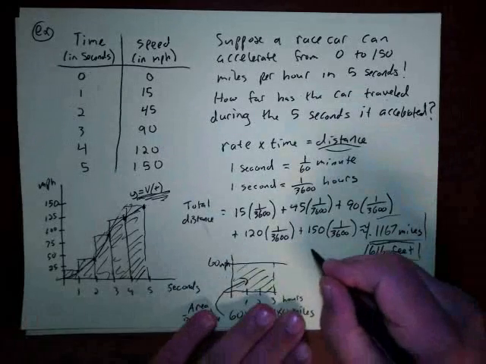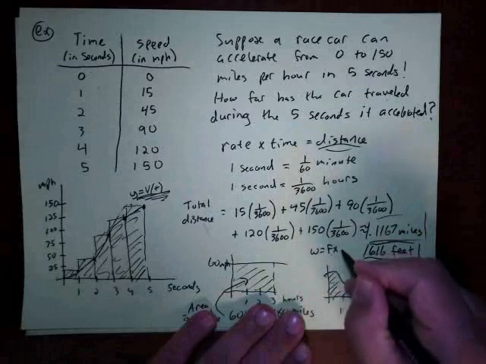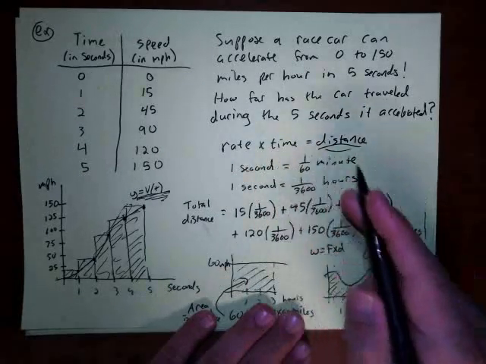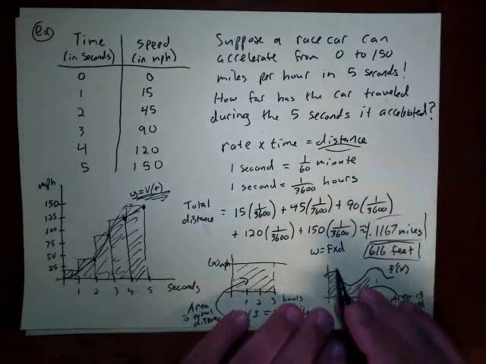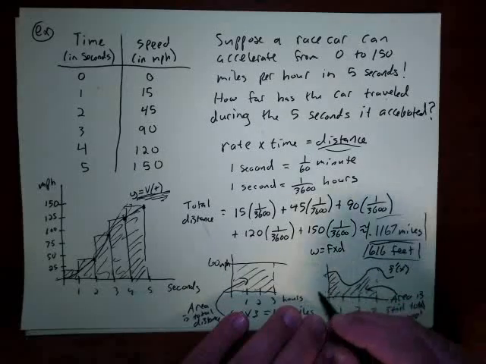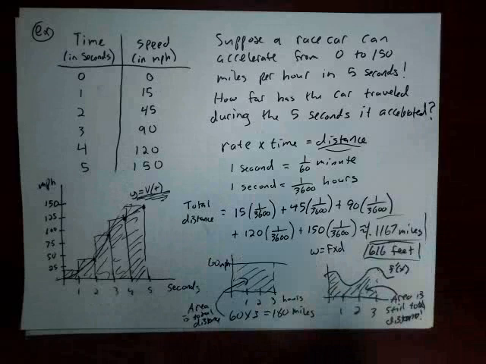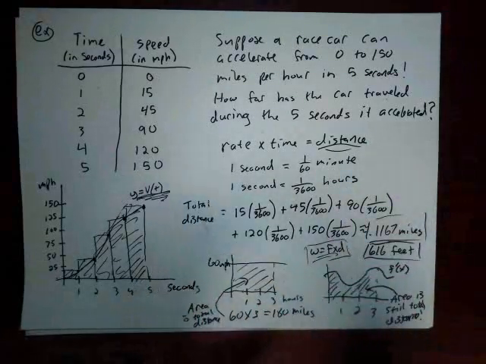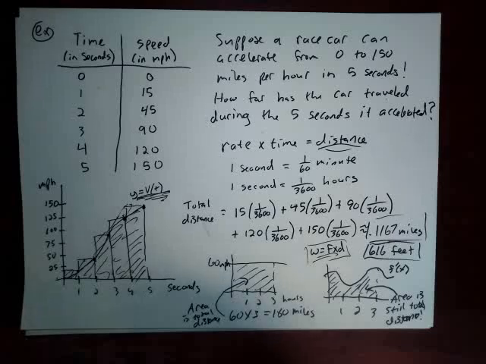Because if you remember, work is equal to force times distance, just like distance is rate times time here. So the area underneath the graph would actually represent work. There are a lot of different applications of this idea.